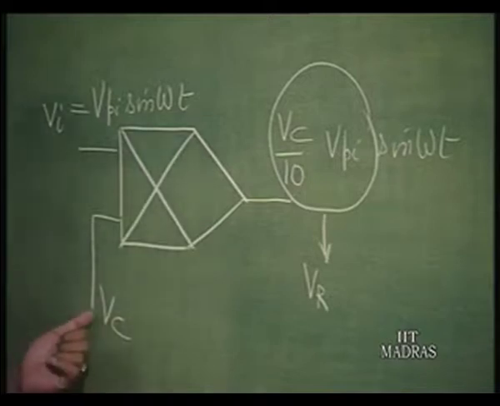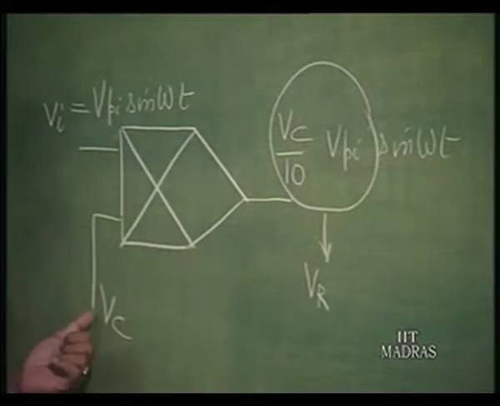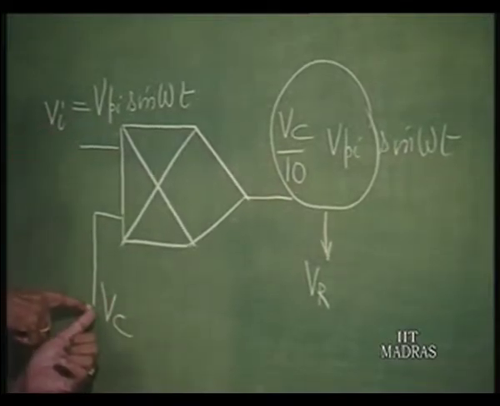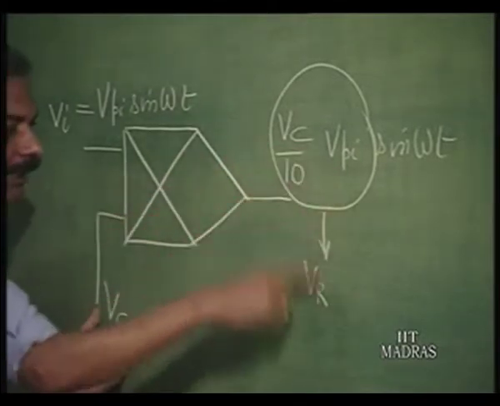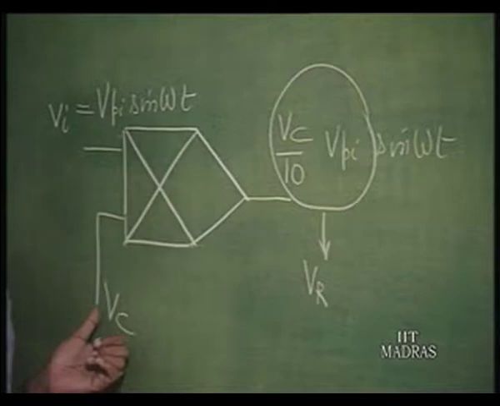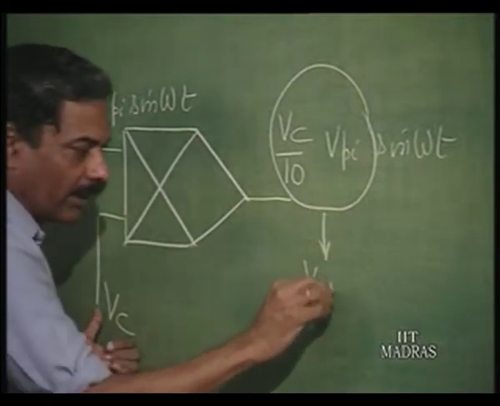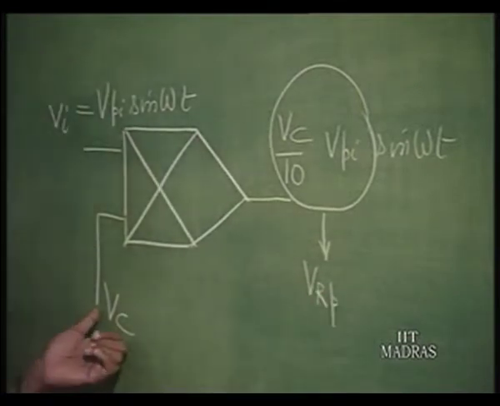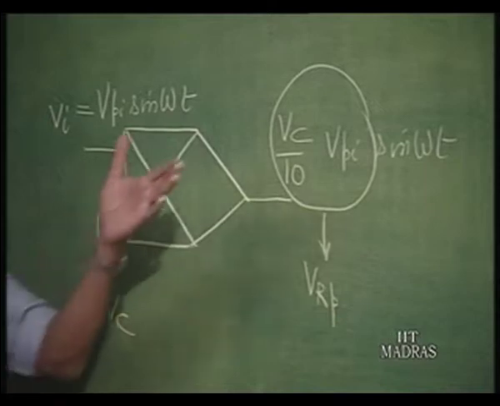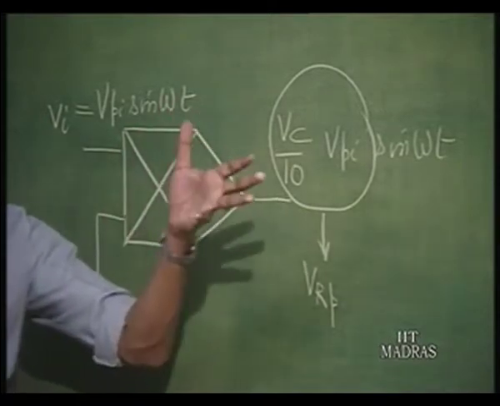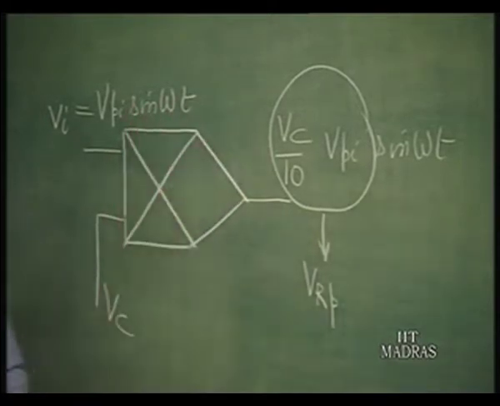So if I ask you to maintain this constant, for a certain Vpi you will apply a certain Vc, so that Vpi into Vc by 10 becomes equal to some Vrp, let us call it. So this is the automatic gain control scheme or automatic volume control scheme.